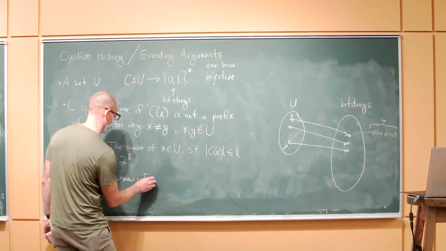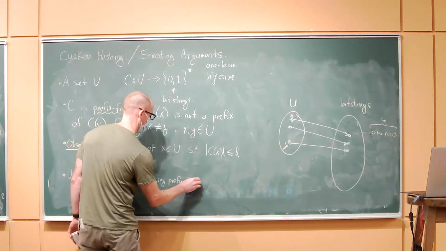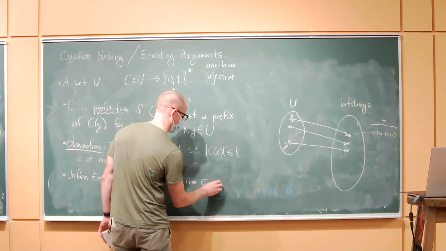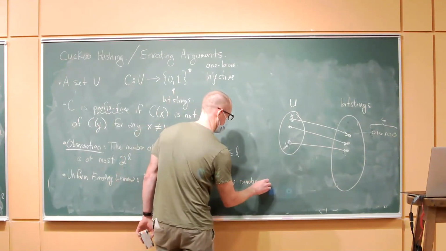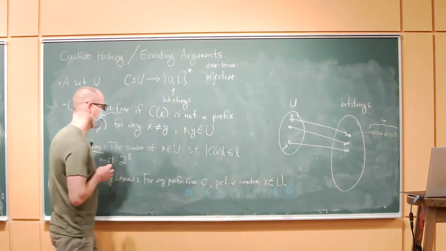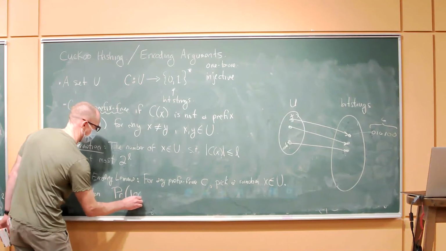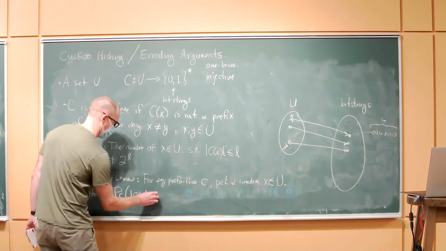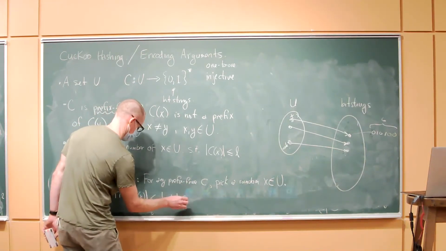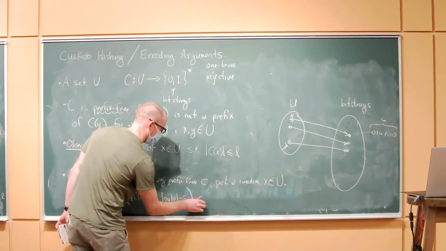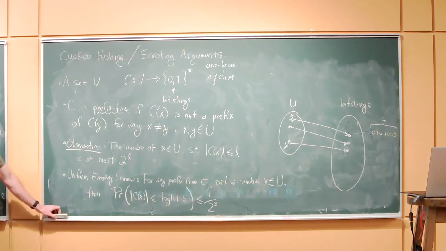So for any code, let's say prefix-free code, pick a random, let's say X in the universe, then the probability that the length of X's code word is less than or equal to log of the size of the universe minus S is less than or equal to 1 over 2 to the S. Okay. Why is that?